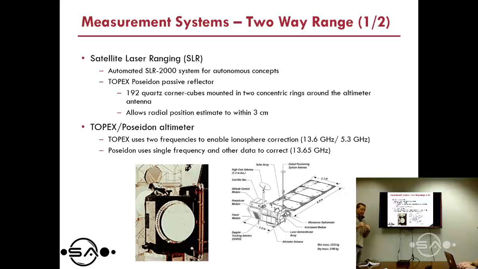And then at the time that the book was written, early 2000s, late 90s, NASA had this concept where they could deploy automated satellite laser ranging stations throughout the world, right? The idea was that you could have these laser ranging stations, almost the same idea as SatNOGS, right?